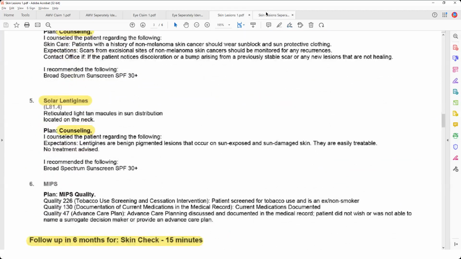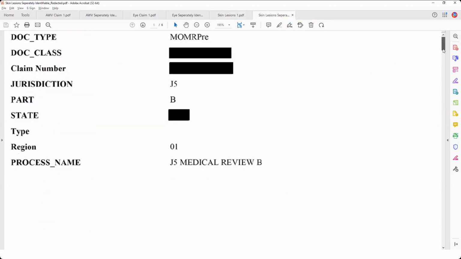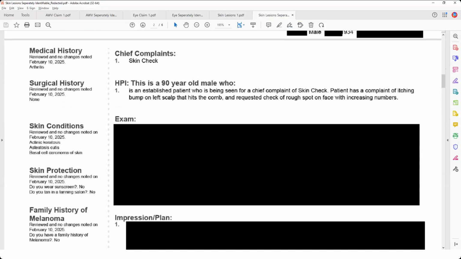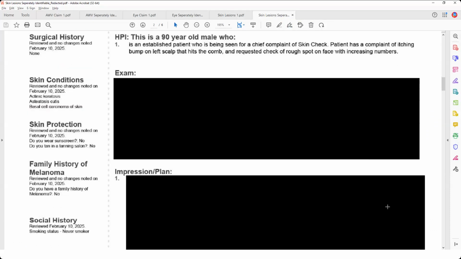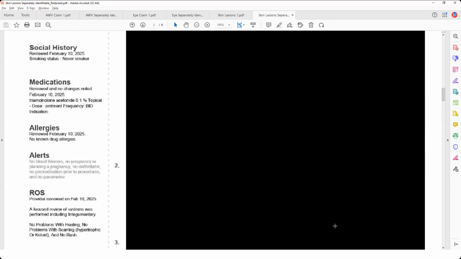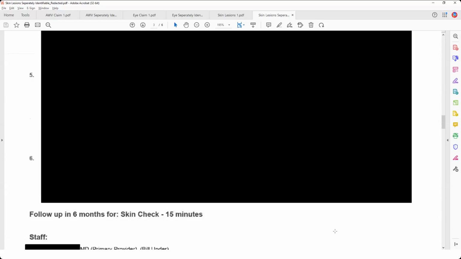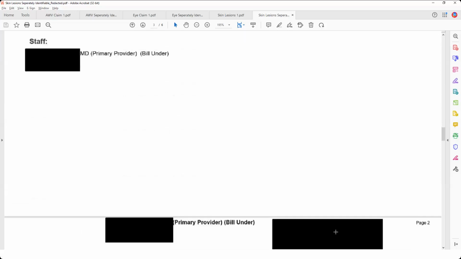And there again, I'm trying to be respectful of your time, and I know we're getting close, but for these purposes, everything that was removed for the visit for the skin lesions and removal of those lesions was taken out of this documentation. And do we have enough for a separate E&M code to be billed?